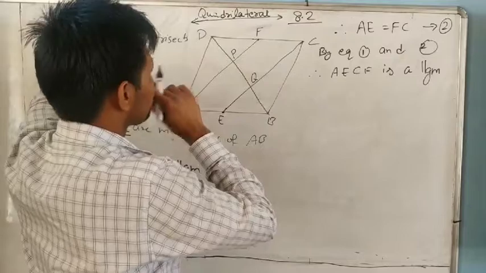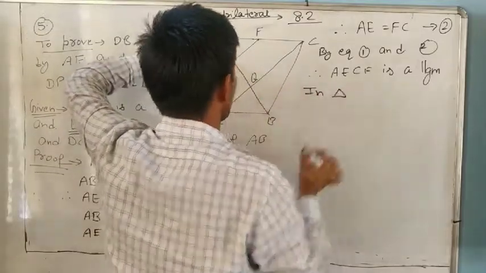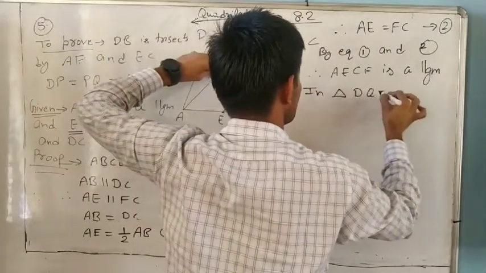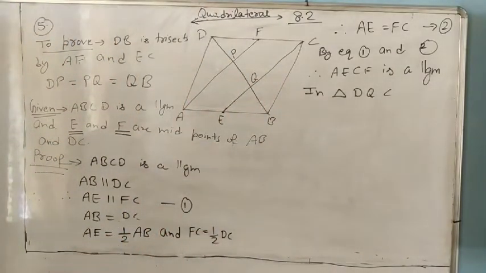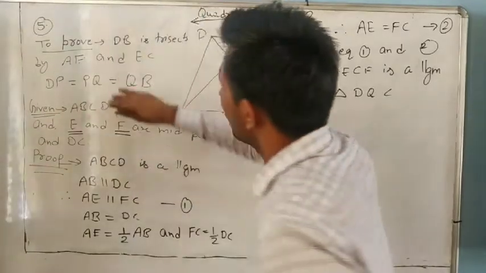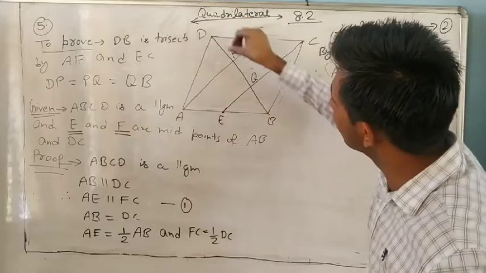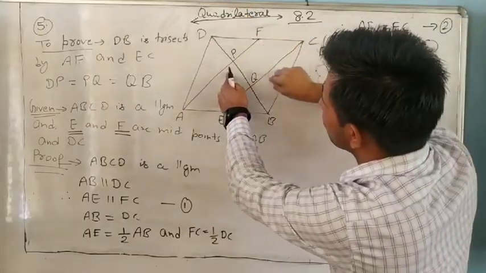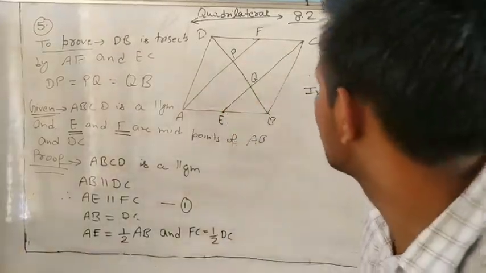So, therefore, in triangle DQC, look at why we are doing this: we want to prove that DP equal to PQ. So in triangle DQC, we observe it is a midpoint and it is parallel to this, so it is always bisected. Understand or not? Like this one.